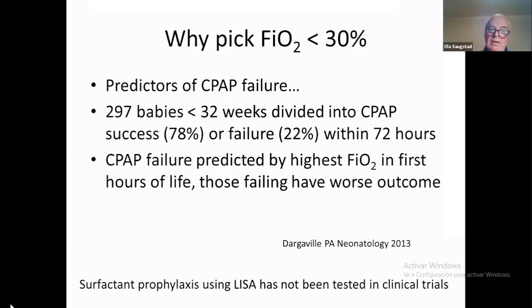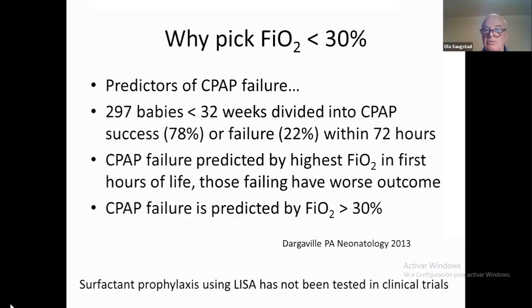And those failing CPAP had a worse outcome. And it seemed that 30% was a cutoff. So that's why we have chosen that.